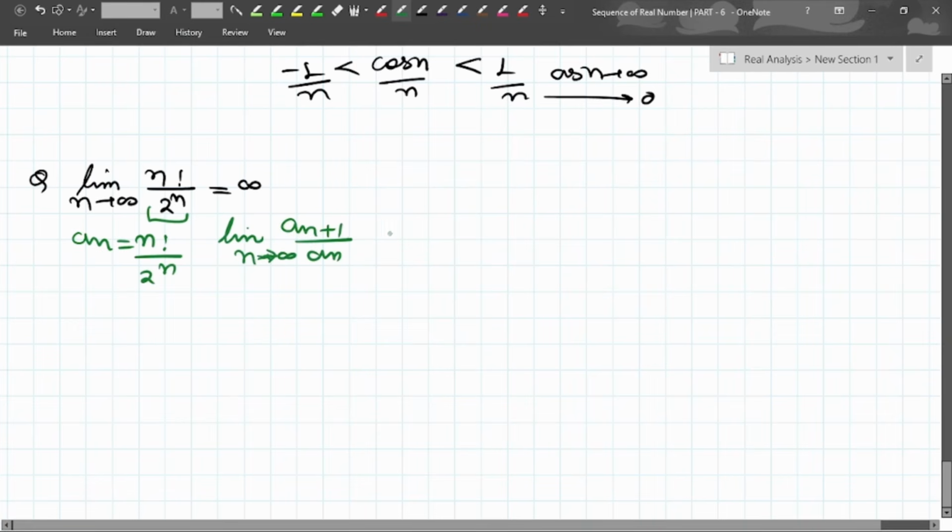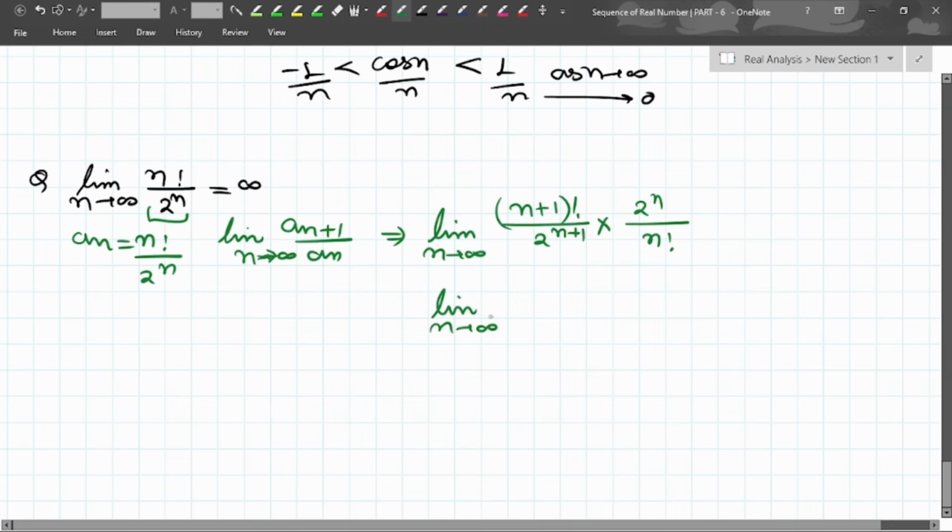Find this limit as n tends to infinity: an plus 1 is (n plus 1) factorial divided by 2 power n plus 1, and divided by n factorial over 2n. Now taking limit n tending to infinity, I can write it as n plus 1 and n factorial, over 2 into 2n and n factorial. The n factorial will get cancelled. It is nothing but (n plus 1) divided by 2.